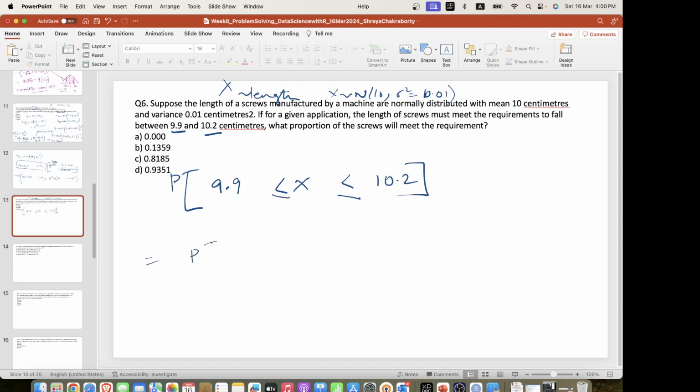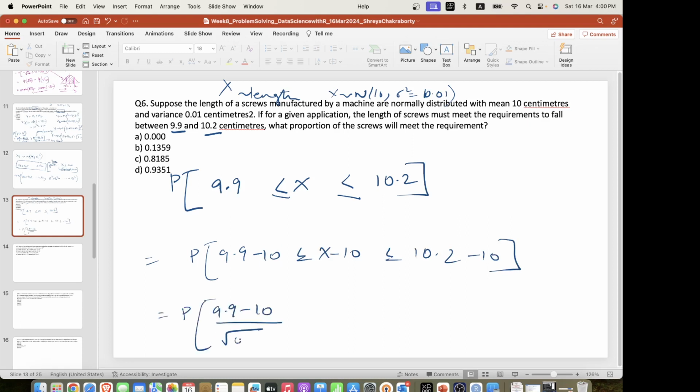So this would be the probability of 9.9 minus 10 less than or equal to x minus 10 less than or equal to 10.2 minus 10. This would be the probability of (9.9 minus 10) by square root of 0.01 less than or equal to (x minus 10) by root over 0.01 less than or equal to (10.2 minus 10) by root over 0.01.